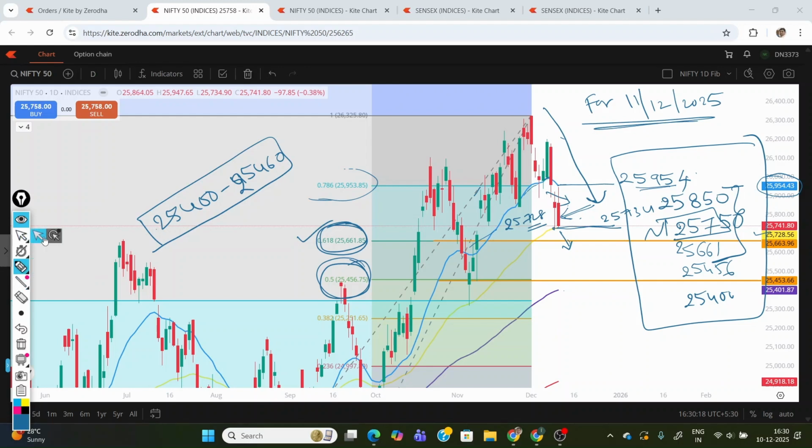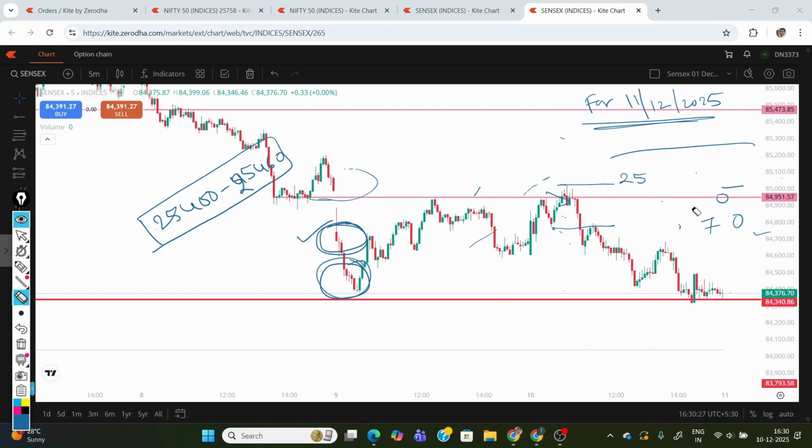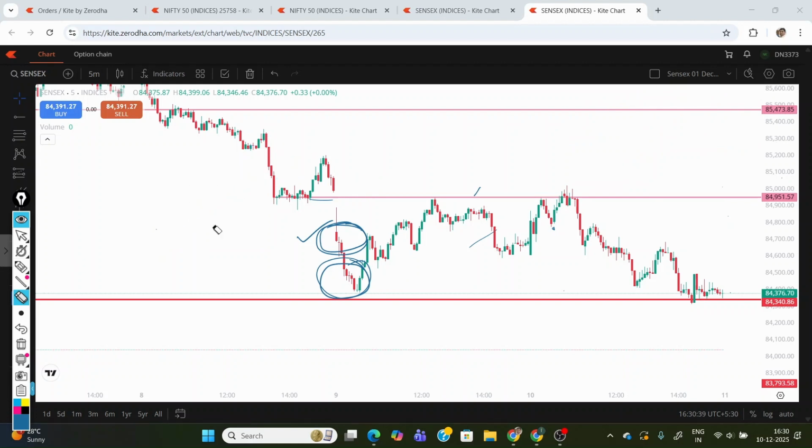So what about Sensex? Sensex is also more or less similar to Nifty. This is the intraday chart of Sensex, where we are looking at the 5 minutes time frame chart. Exactly, the high is tested again and got rejected.